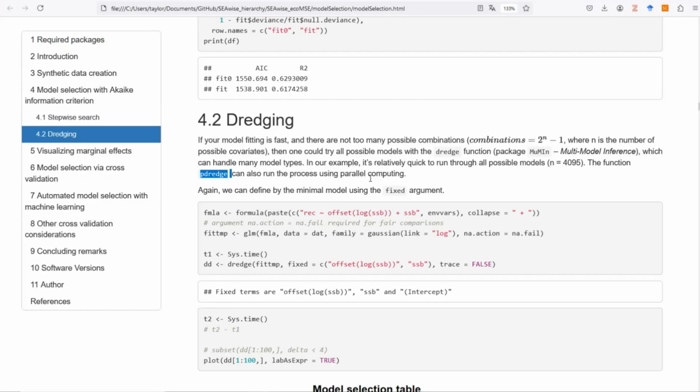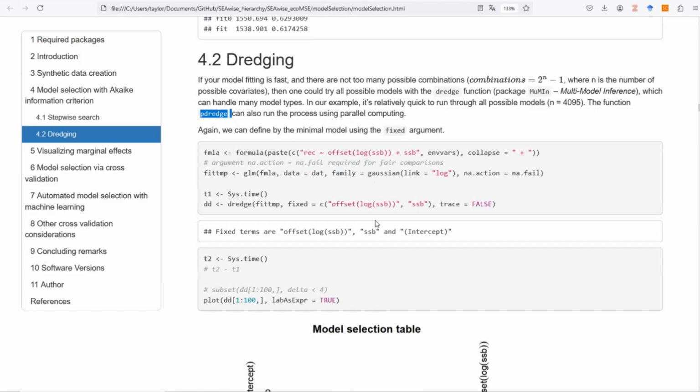Yeah, but it's fairly similar to the stepwise, but we're going to be able to try all the combinations now. And the only thing that's different is we define a fixed argument, so terms that always have to be in the model. I'm defining as the offset, log SSB and SSB. That's our default Ricker, but otherwise it's going to test all possible combinations.